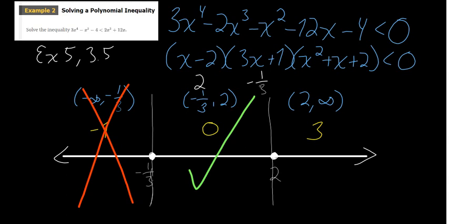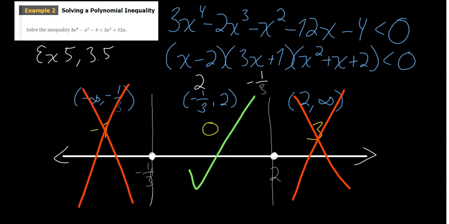And then lastly, we have 3. So 3 minus 2, that's a positive. I plug in, that's 9, that's 10, that's a positive. And this is positive. Well, positive times a positive times a positive is a positive. And again, I'm not wanting a positive. So this interval does not work. So the only interval that does work is that middle interval from -1/3 to a positive 2.